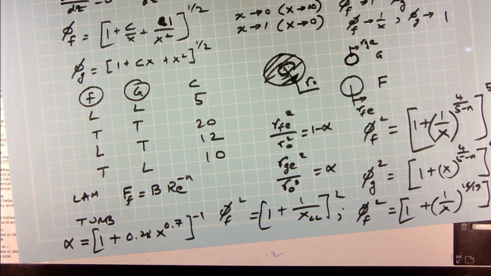So, you have to rely on experimental correlations for different flow configurations. For situations like that, you have to go back and look at correlations that are out there in the literature and rely on them.